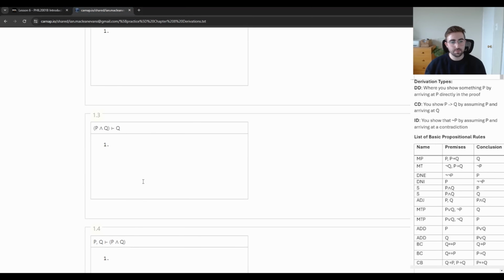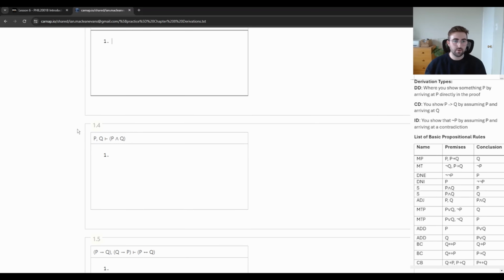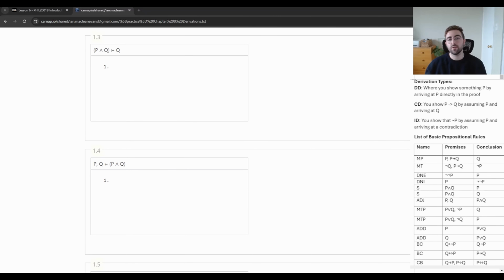So I've scrolled down to the questions, the very basic sample questions I gave where I apply these rules. On the right side of the screen, you'll see all the rules that we're going to learn today. We have the 4 of them that we already know: modus ponens, modus tollens, double negation elimination, double negation introduction. And then under that, you'll see we have simplification and adjunction, and you can see it goes whatever order is needed. But yeah, so we'll apply those here.